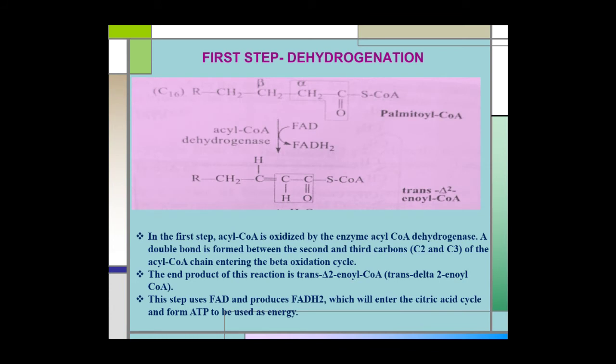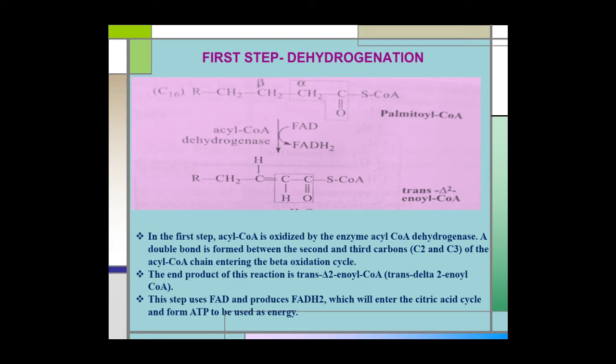The first step of this beta oxidation pathway is the dehydrogenation. In this first step, the palmitoyl coenzyme A is oxidized by the enzyme acyl CoA dehydrogenase. As a result, a double bond is formed between the 2nd and 3rd carbon of the acyl CoA chain, entering the beta oxidation cycle.